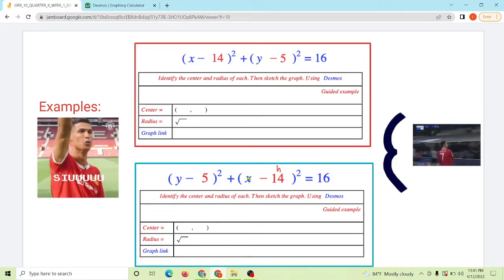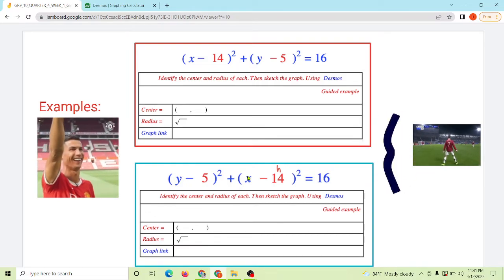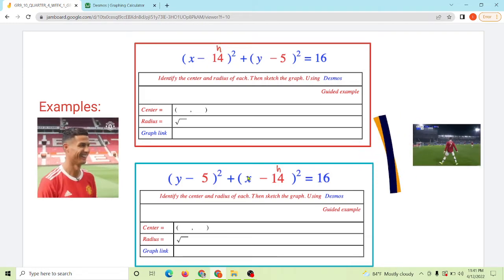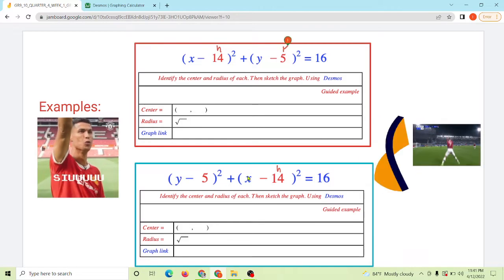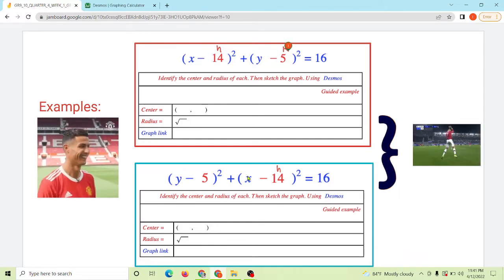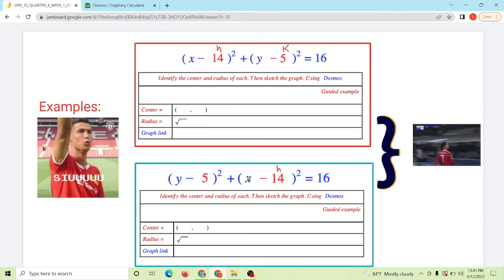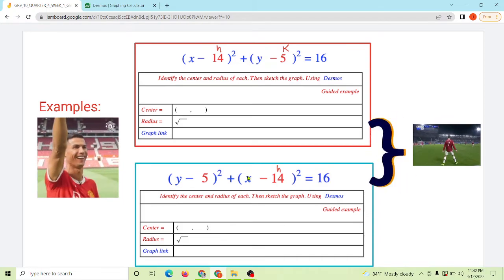So we know that the h goes with the x. So that's my h. And the k goes with the y. So the center then is, now here's the little trick I want to show you.